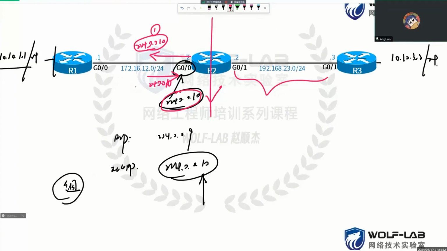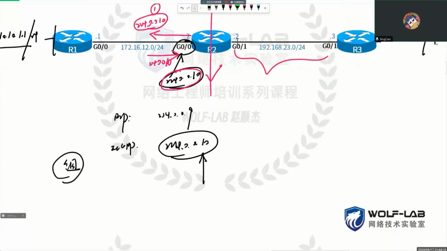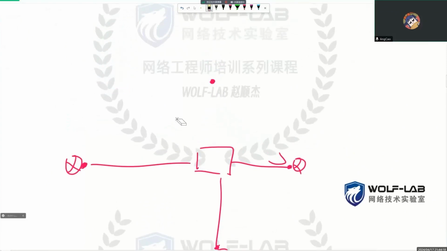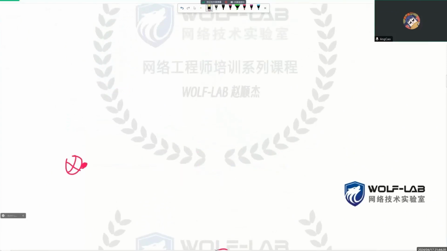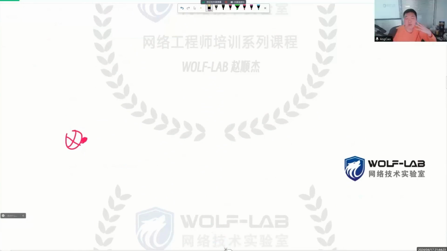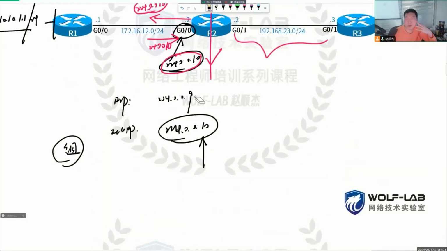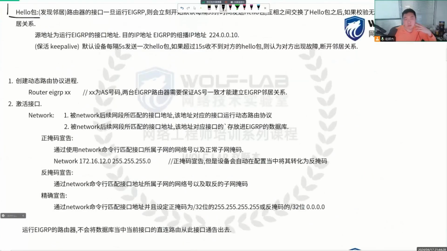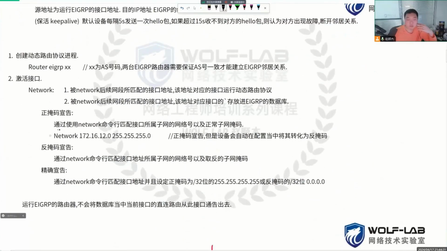You ask, why do we still have to divide network segments after multicast? If it is already default to use multicast to send hello packets, why, when declaring, do we need to declare our own network segment?